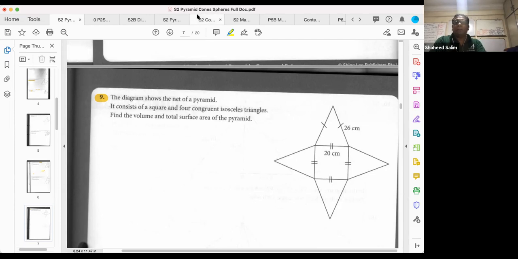Just a clue, Ryan. Just one clue. You need to find the height down here, Ryan. You must find the height. Remember, you use Pythagoras theorem like that to find the height.